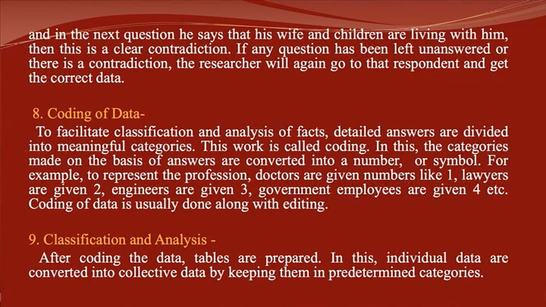After coding and editing of data, we can classify the data for analysis. After coding, the data tables are prepared. In this, individual data are converted into collective data by keeping them in predetermined categories in classification.